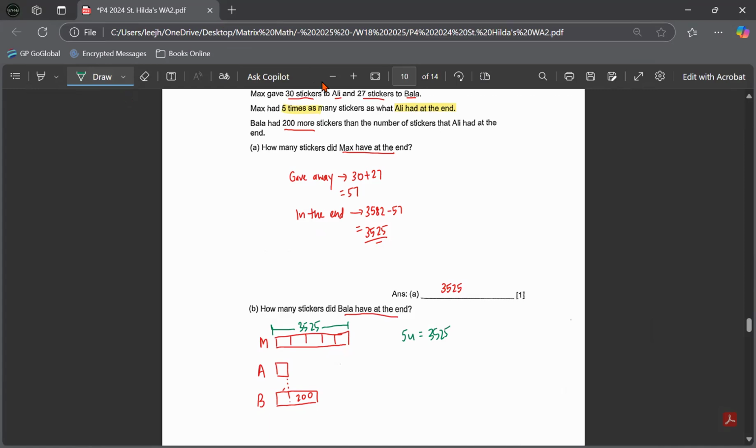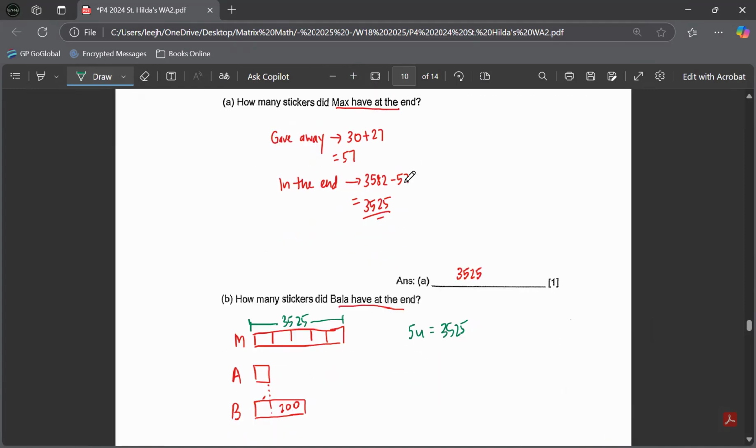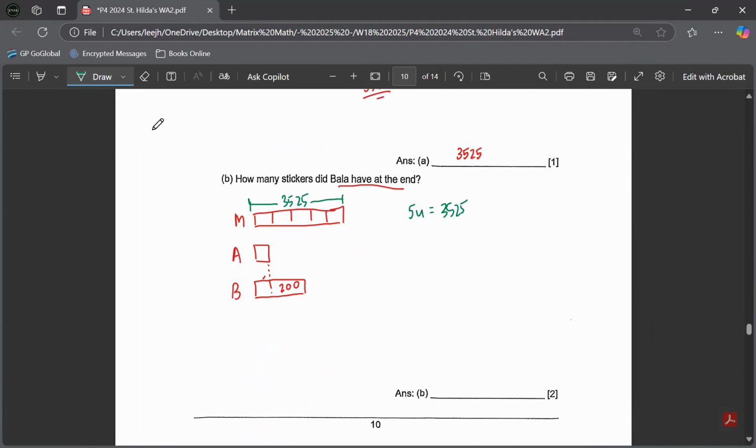Okay, we can actually enlarge already because it's already drawn. I use the information to draw the model so we can solve already. So 5 units, look for 1 unit, 3,525 divide by 5, 705. This is only Ali. It is not Bala.